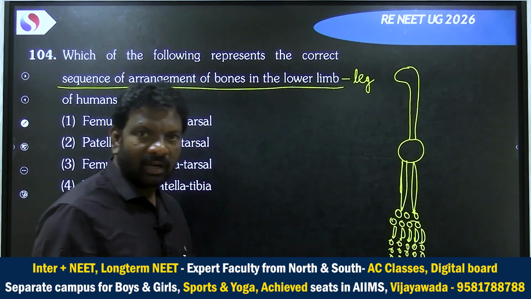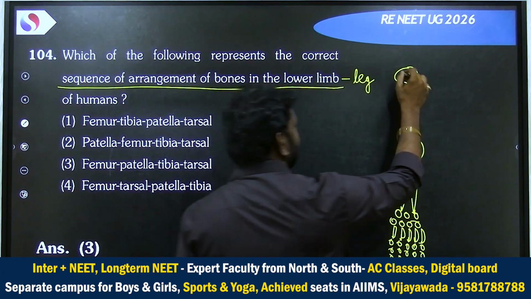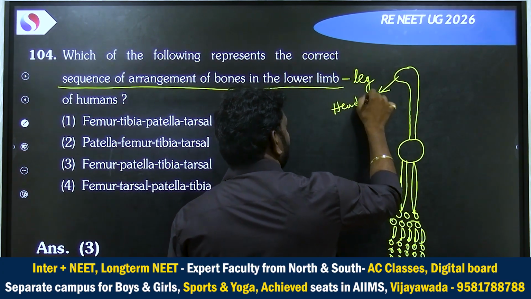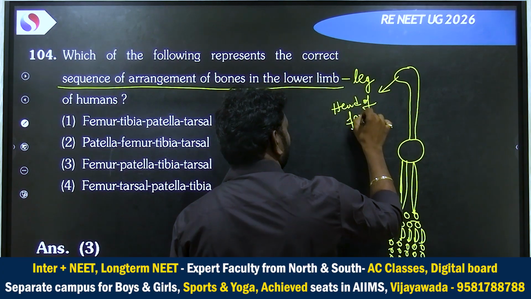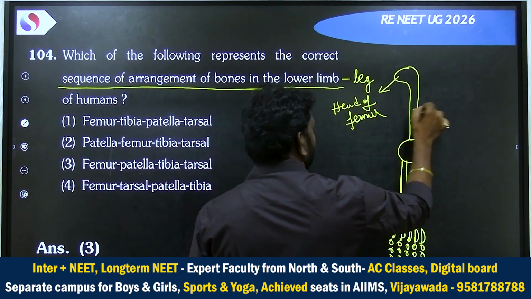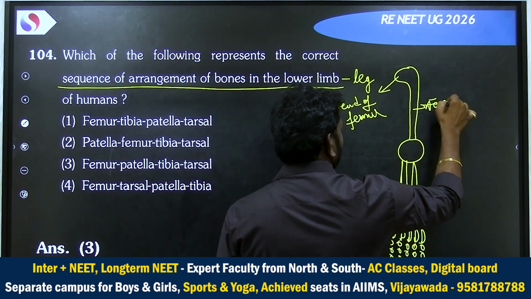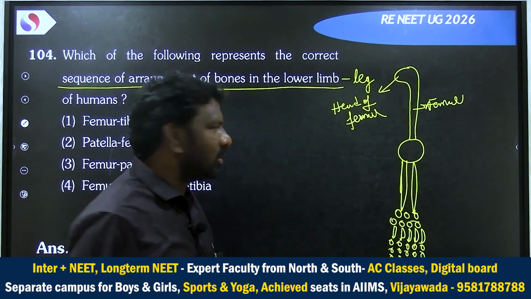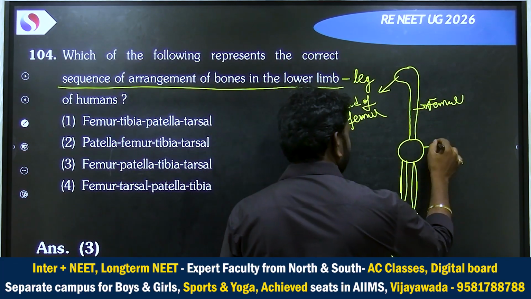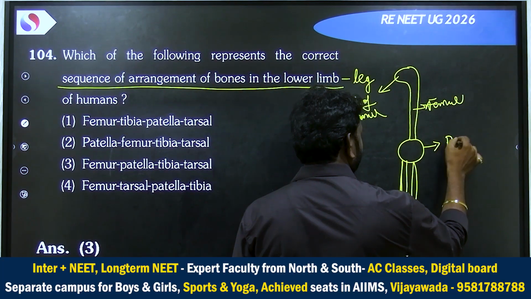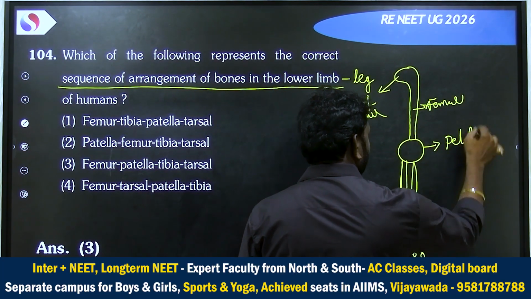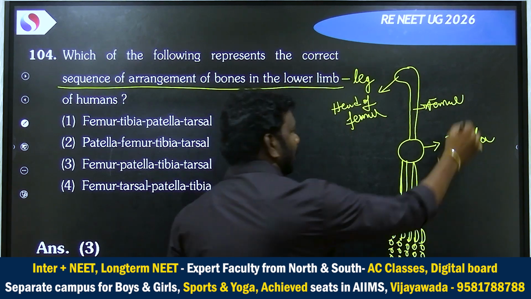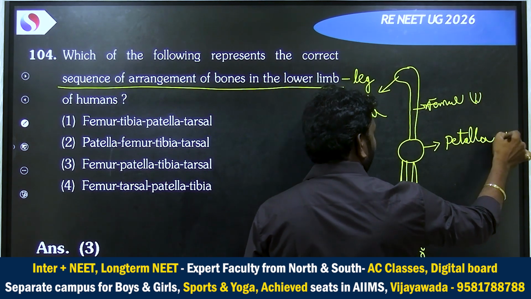So this is the lower limb. Guys, check it. First one is the head of femur. So this one is the femur bone, the longest and the strongest bone in the human body. This one is the cup-like patella, other name kneecap. Femur 1, patella 1.